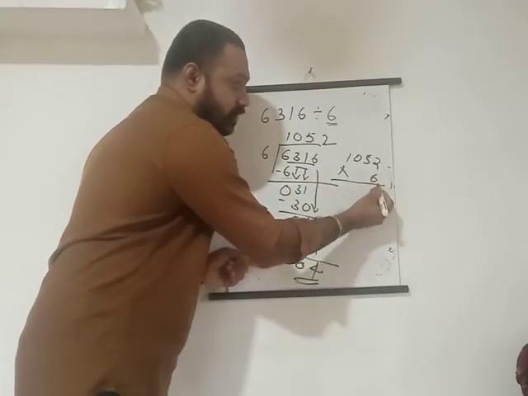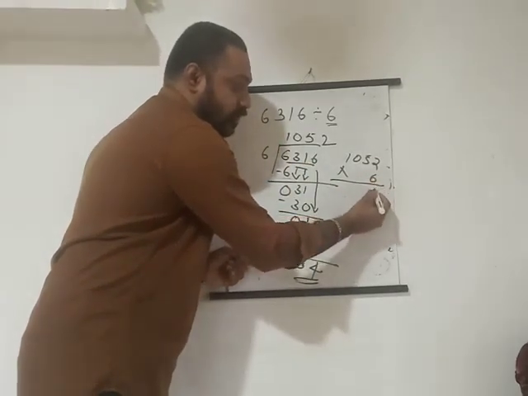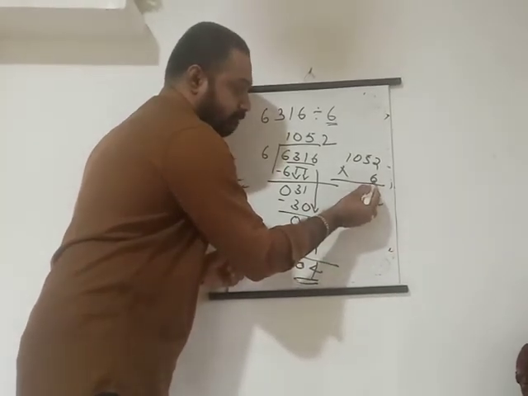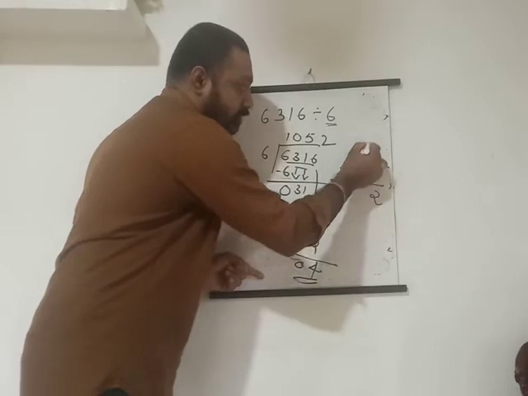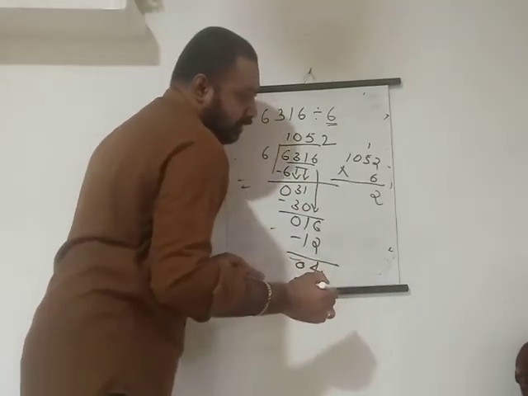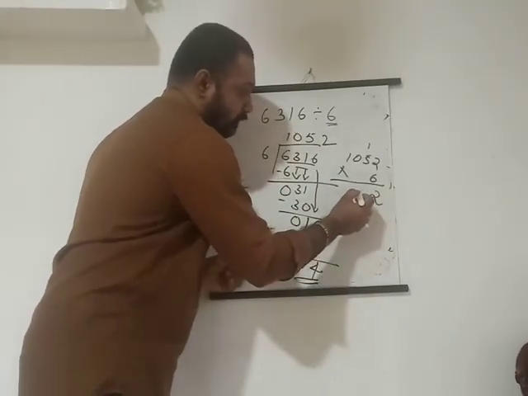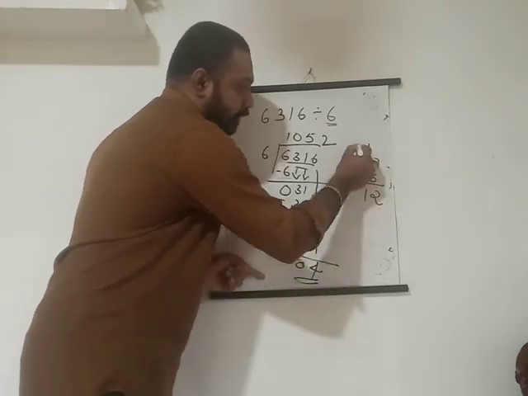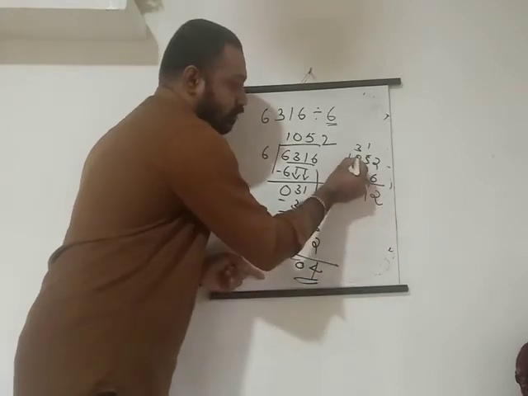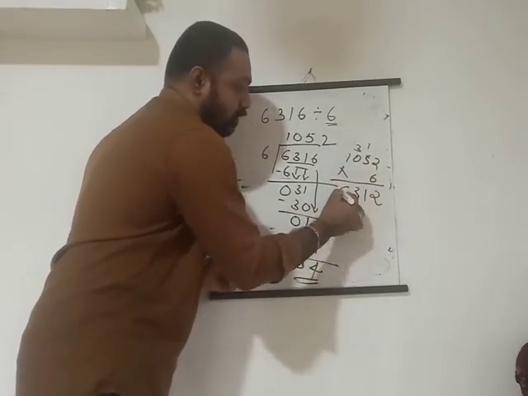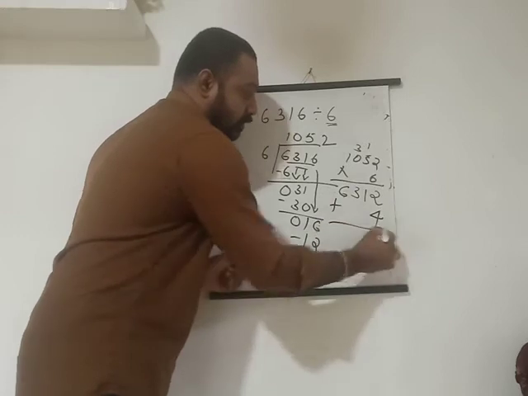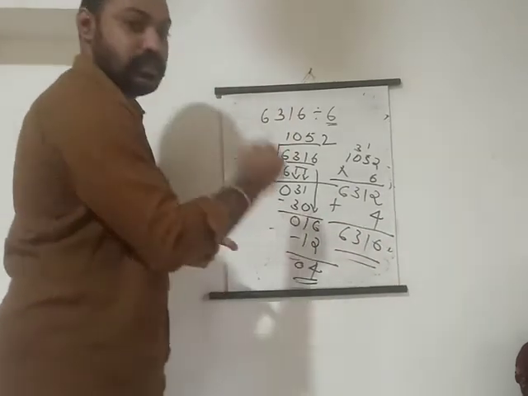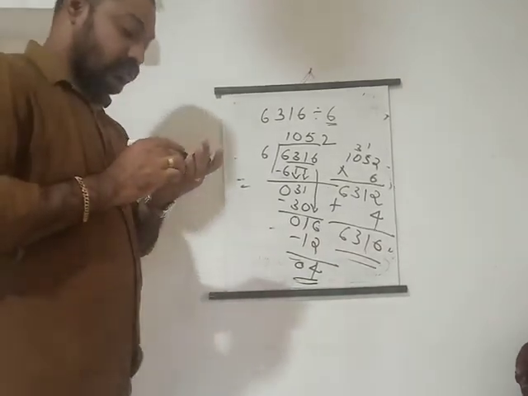Can we check? 1052 times 6: 2 6 are 12, 2 you will get, carry over 1. 6 5s are 30, 30 plus 1, 31, carry over 3. 6 0 0 plus 3, 3. 6 1s are 6, so 6312 plus 4, you will get 6316. So this is the way we are checking our answer.